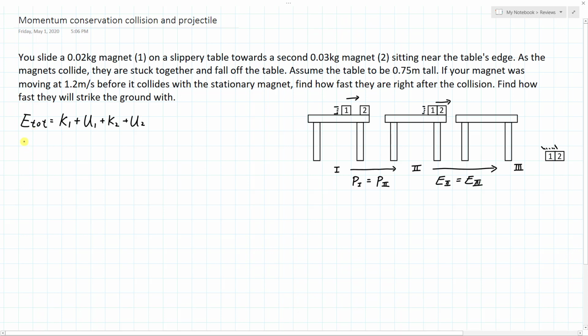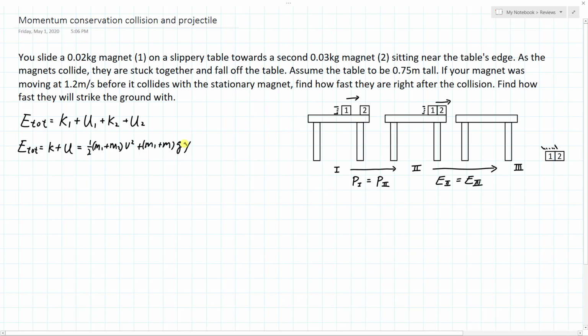Let's specify this as kinetic plus potential, because we know it's only conserved between this combined state and the other combined state. So we'll have just combined mass, mass 1 and 2, and velocity squared plus mass 1 and 2, g and y.